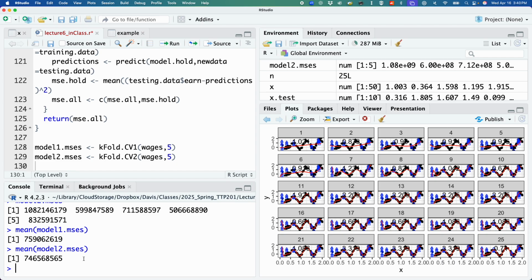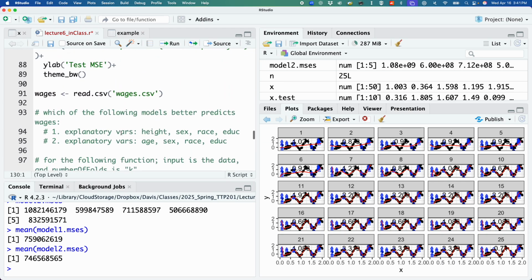And so because on average, this model has lower mean squared errors out of sample, that's basically telling us, well, if I decided to use a model with the explanatories of age, sex, race, and education, that's going to give me lower errors, better predictability than a model with height, sex, race, and education, because this number is lower than this number.